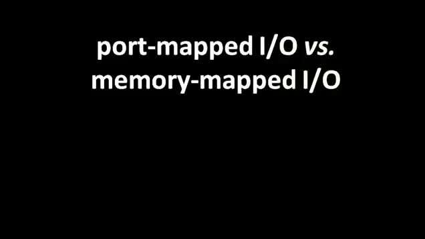Now the question becomes, how do we instruct the CPU to talk to these registers in the I/O devices? Well, there are two basic approaches. Some systems have what is called port-mapped I/O, whereas others have what is called memory-mapped I/O.